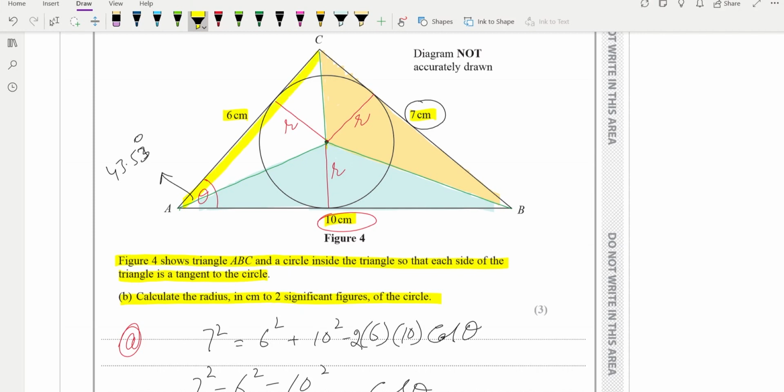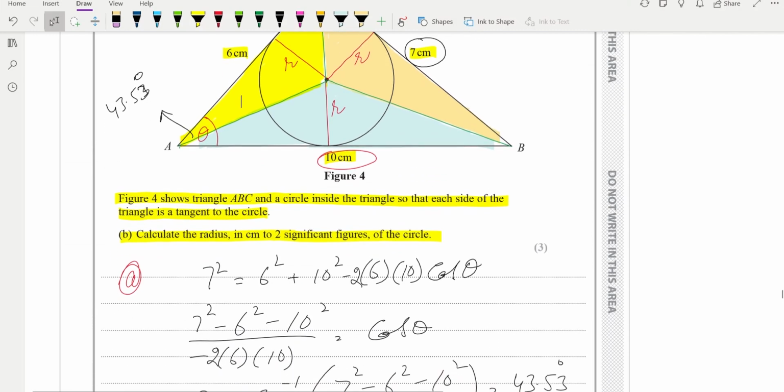So we will be adding the area of all three triangles, and we will be finding the value of R by adding this area.